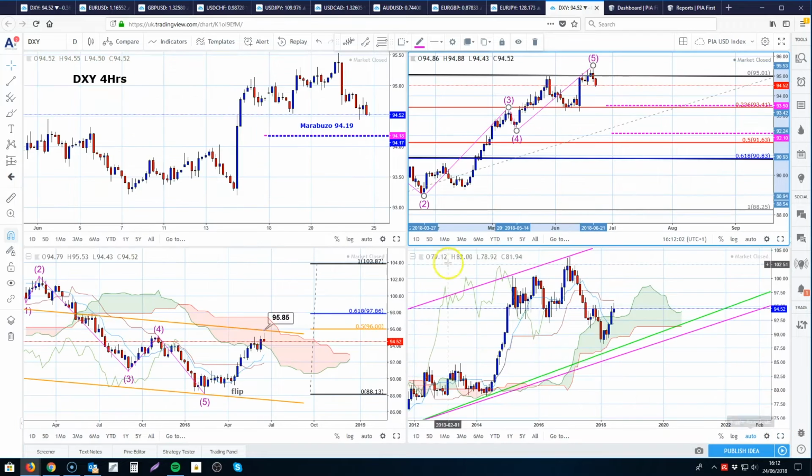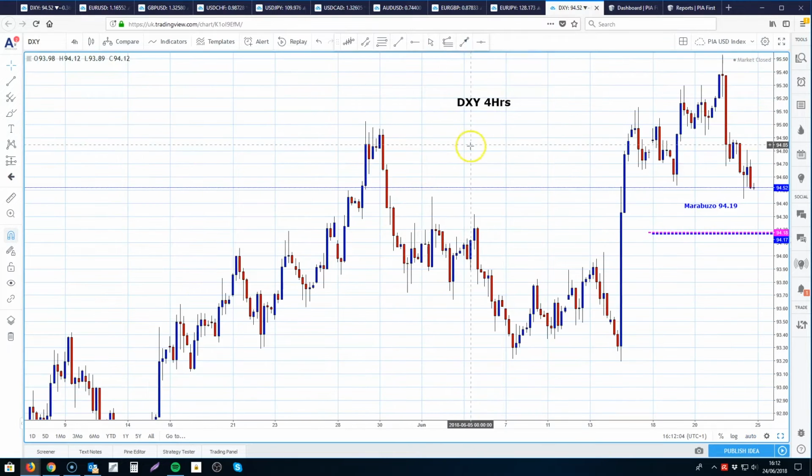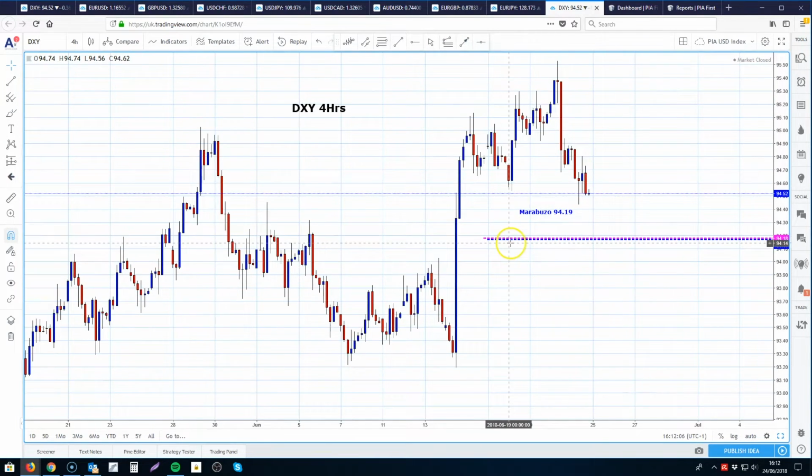So we're just going to highlight that on the 4-hour chart. We've got a Marubozu level, which is the midpoint from the open and the close of that daily candle. That comes in at 94.19, and we've then got our bespoke support at 94.18. So although our bias is now over a medium term flipping to the downside, short term we could see a bounce higher in early trade at the beginning of next week.